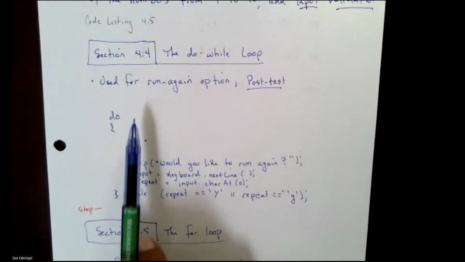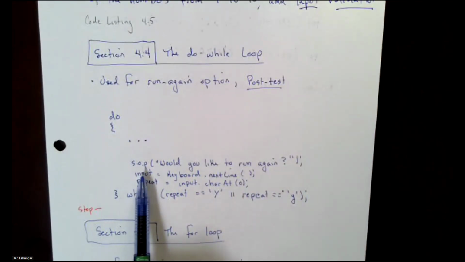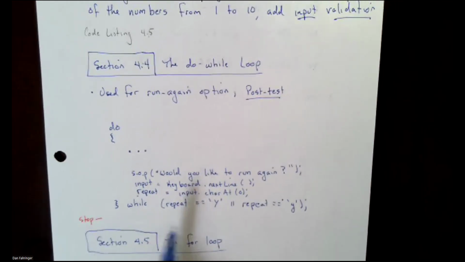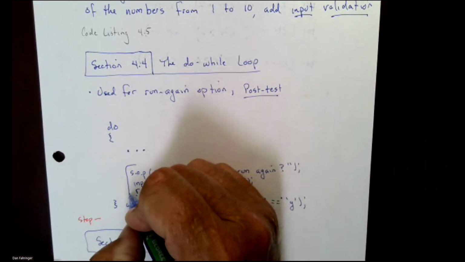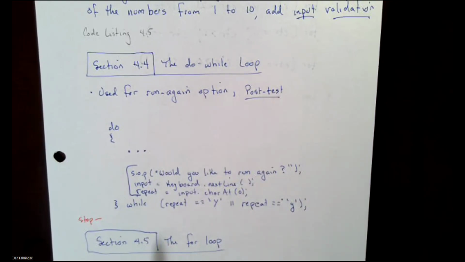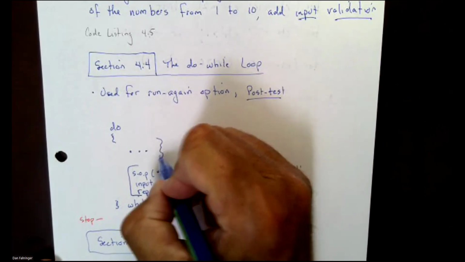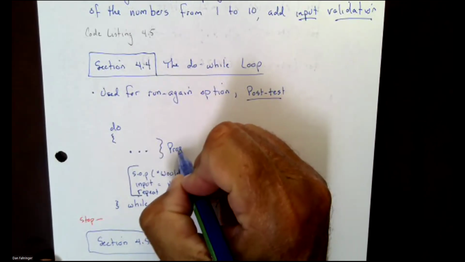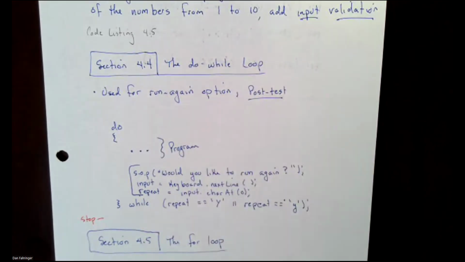Okay, this one was called a do all of this stuff and then have a while. And a good reason for a post test, one of them is what you see here, this whole run again option, where you might stick this in a program. You write a program, here's this nice, elaborate program, but you get tired of having to run it over and over and over.